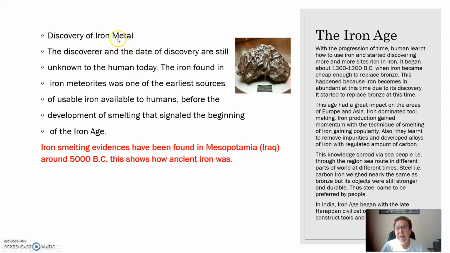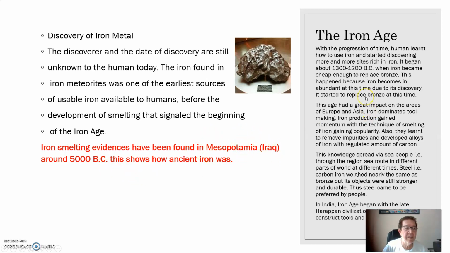We can see that the first metal discovered, iron, came from meteorites. Some meteorites contain more than 90% of iron, and it was used by men to produce certain tools. The Iron Age began 5000 before Jesus Christ, in Iraq, before Mesopotamia.